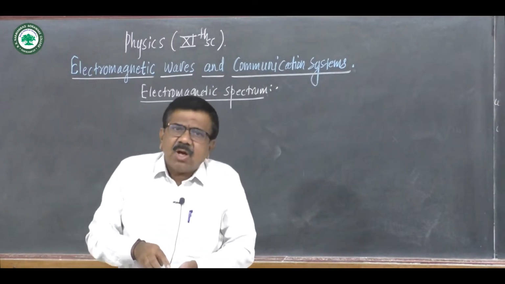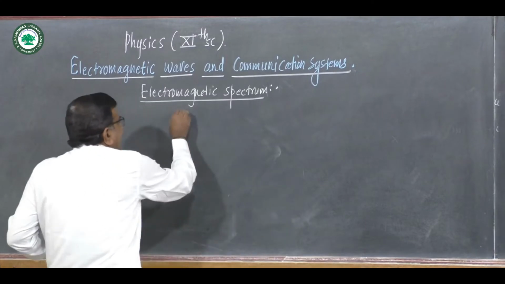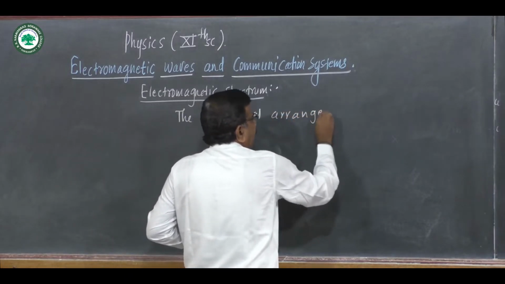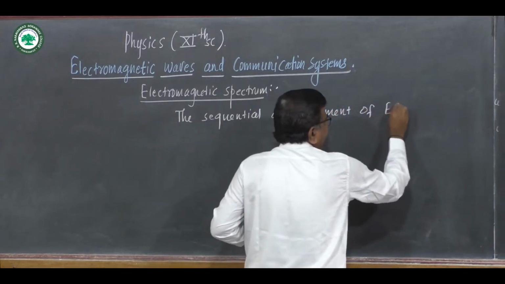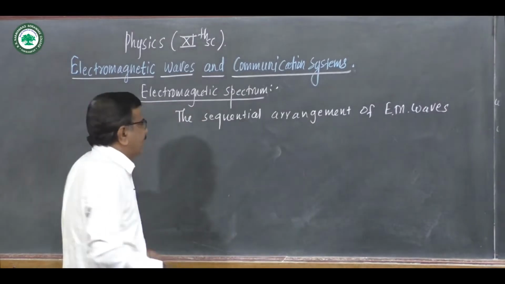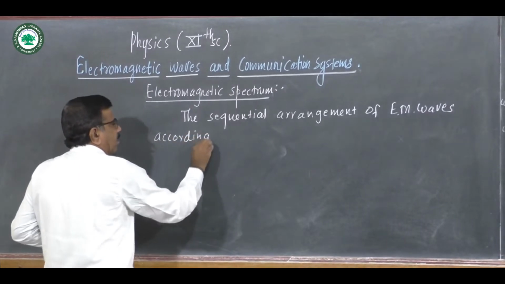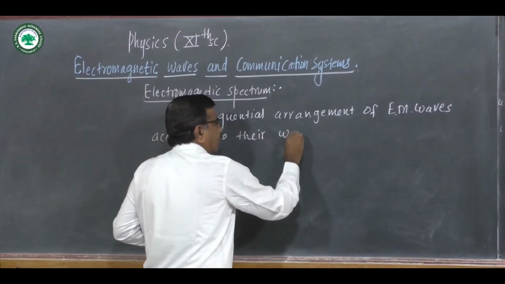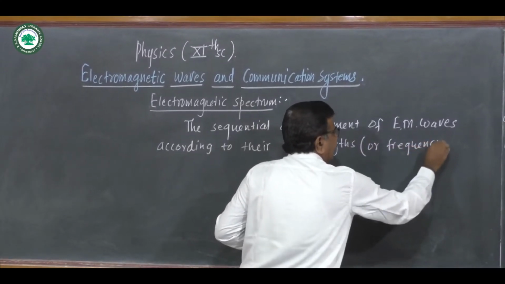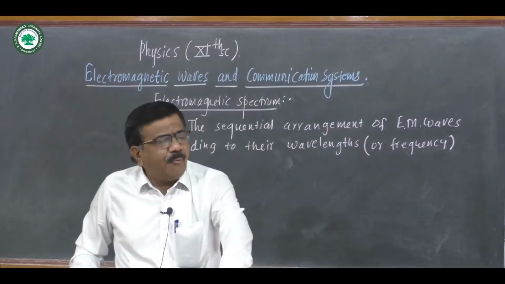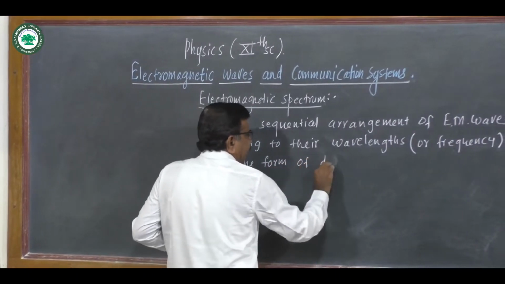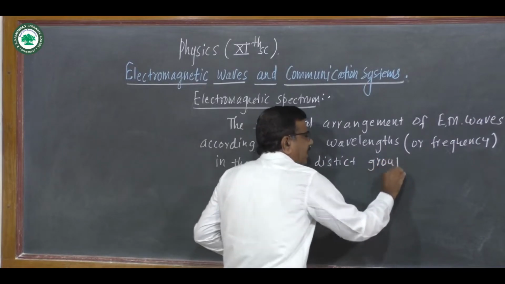The electromagnetic spectrum is the orderly distribution, or sequential arrangement, of electromagnetic waves according to their wavelengths or frequencies, in the form of distinct groups having different properties.